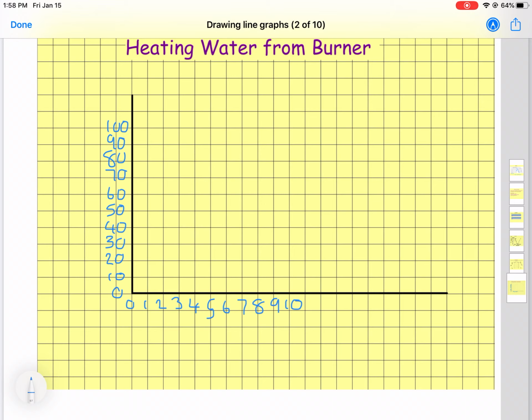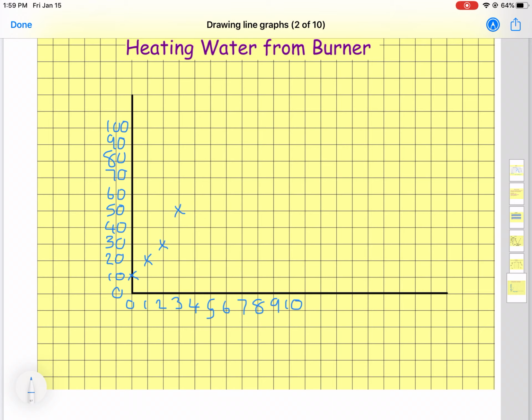So, after 0 minutes, we have got a temperature of 10 degrees. So that's our first mark. After 1 minute, 20 degrees. After 2 minutes, 30 degrees. After 3 minutes, 50 degrees. So that was quite a jump there.